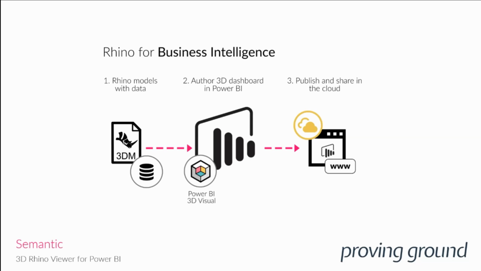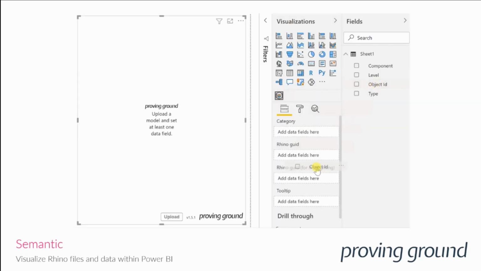We've created a custom Rhino visual that will let you read in the Rhino objects and have that geometry presented in Power BI, and then that visual can interact with other visuals on your Power BI dashboard. So the combination of Rhino geometry, the model anything attitude that Rhino promotes, with the idea that you can have flexible data structures using a tool like Semantic, then lends itself to creating presentations with that information.